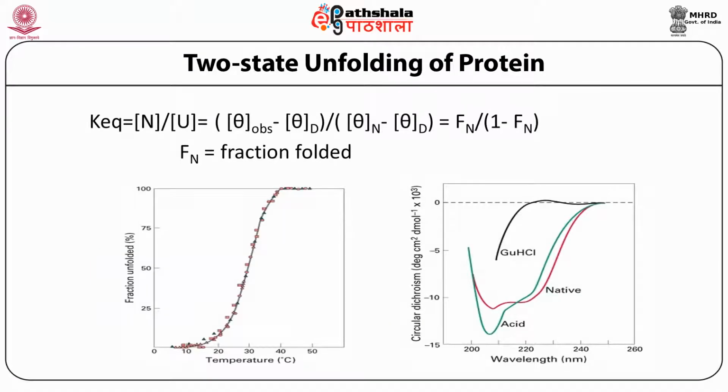Two-state unfolding of the protein. So the K equilibrium is decided by the denaturing of the protein. For example, here we show that by increasing the temperature, or in the right panel you can see by the acid or the guanidinium hydrochloride, the change in the optical properties governs the fraction of the unfolded state, and this fraction can be fitted into the equation given here, that K equilibrium equals native divided by unfolded state, in terms of theta values obtained by circular dichroism.